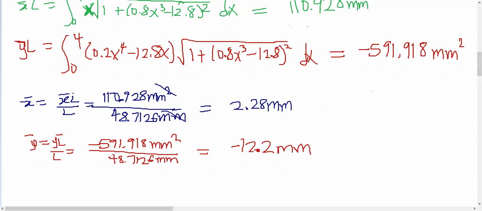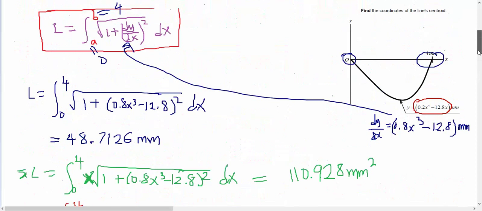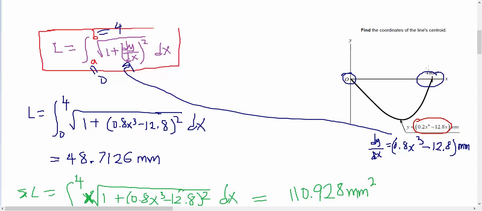So the coordinates for your centroid in x, y form would be (2.28, -12.2), and this is in millimeters because of your axes. That should be around somewhere.